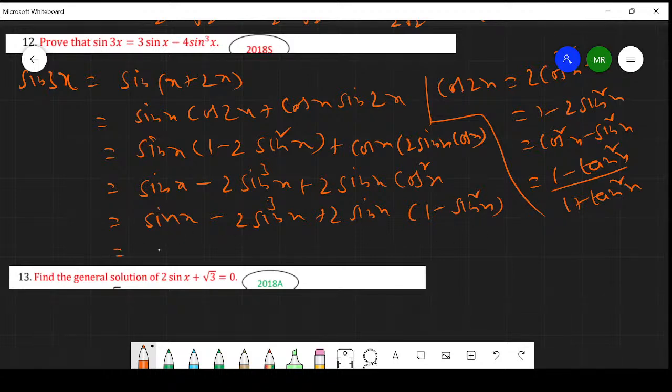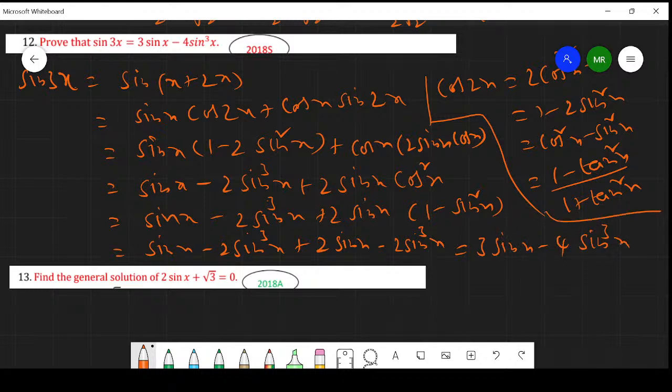Now you simplify. Sin x minus 2 sin cube x, plus multiplying 2 sin x, you will get minus 2 sin cube x. Now you add this: 3 sin x minus 4 sin cube x. So that is the required answer.